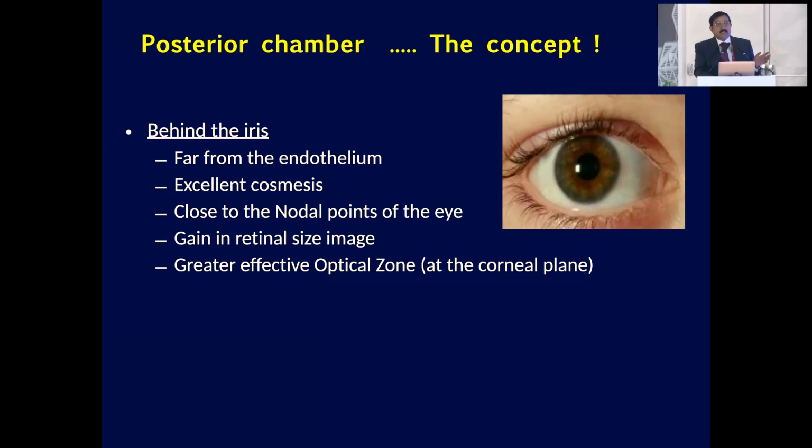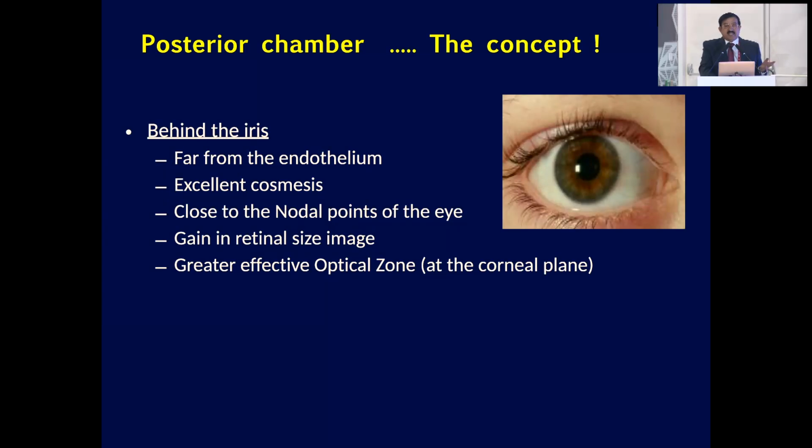So it's far from the endothelium, and you don't need to coat the endothelium with a high molecular weight viscoelastic. Methylcellulose is fine. Sodium hyaluronate is used because of the importance of getting it out very fast and in a bolus. So sodium hyaluronate is also a viscoelastic that can be used.